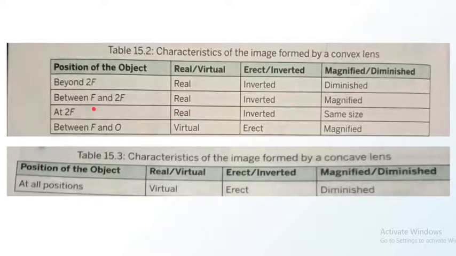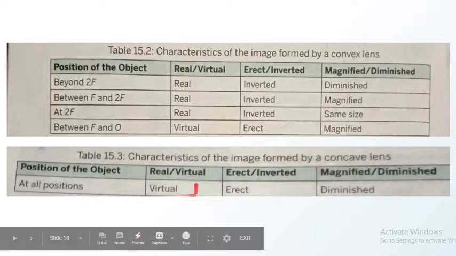And when the object is at 2f position, a real, inverted and same sized image is formed at 2f. And when the object is placed between f and O, a virtual, erect and magnified image is formed on the same side as the object. If the lens is concave lens, we get a virtual, erect and diminished image within f on the same side at all positions.